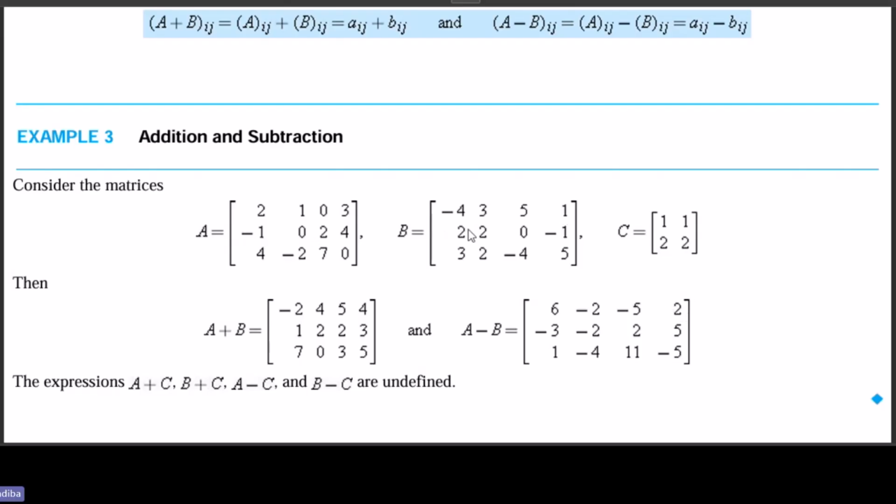Minus 1 minus 2 minus 3. 0 minus 2 is minus 2. 2 minus 0. That's where this 2 is coming from. And then 4 minus minus 1. That's why we end up having positive 5.